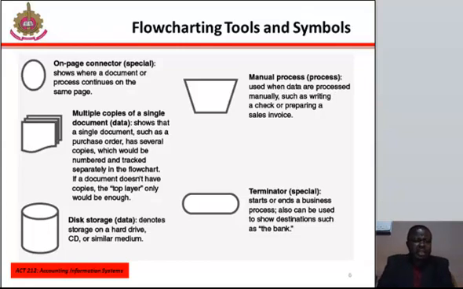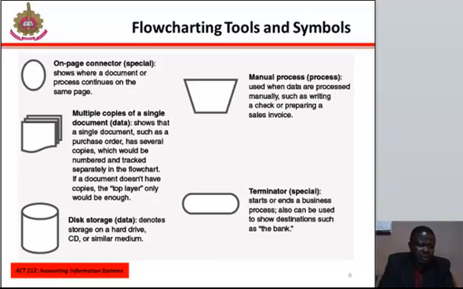On the slide, you see flowchart symbols. The circle denotes the on-page connector, which shows where a document or a process continues on the same page. Next is the multiple copies of a single document, which shows that a single document such as a purchase order has several copies, which would be numbered and tracked separately in the flowchart.